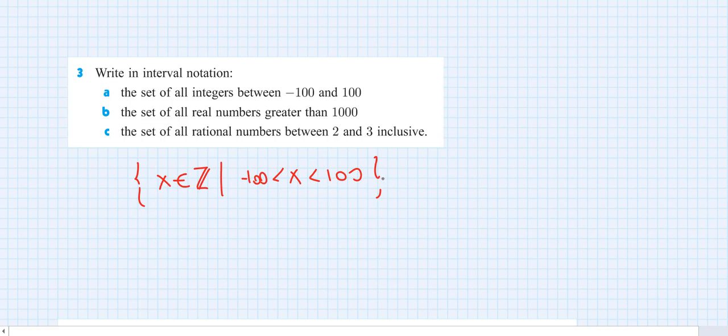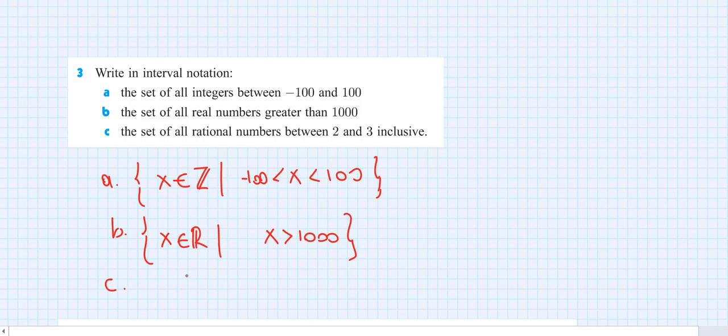We close the set. So it's A. And B, the set of all real numbers x such that the numbers are greater than 1000. Just one notation of inequality.